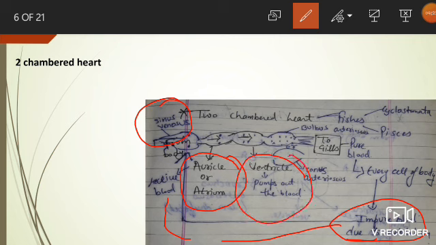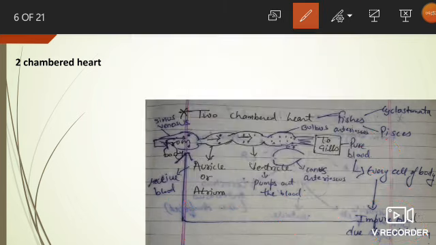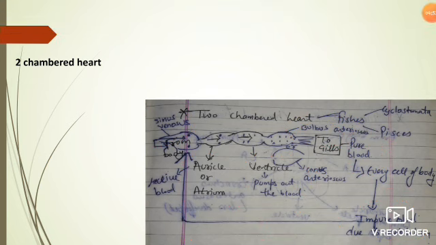Ventricle pumps out the blood to bulbus arteriosus and conus arteriosus, and through that the impure blood goes to the gills, and in the gills the blood gets purified and every cell of the body gets the purified blood. After that, impure blood due to metabolism is again received by sinus venosus, and the whole cycle repeats. I hope you got it.